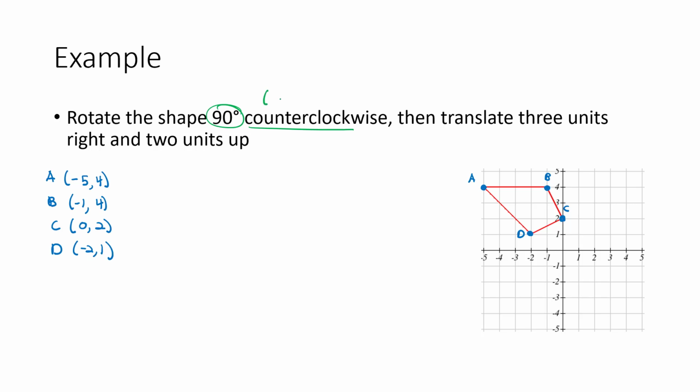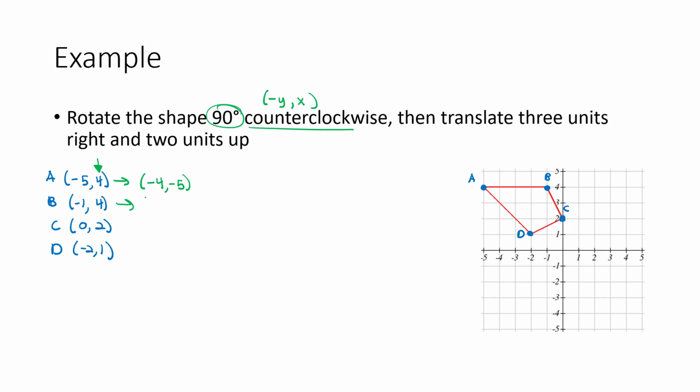And what 90 degrees counterclockwise, first it's going to switch the coordinates, and then remember the 90 degrees is going to make the y coordinates negative, or take the opposite of all the y coordinates. And so when I do that, the y-coordinate was 4. This is the one we're going to focus on. The 4 now is going to become a negative 4, and then the negative 5 comes second.